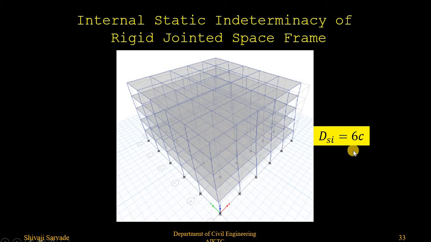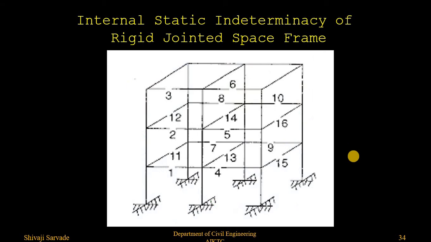So DSI for a rigid jointed 3D structure is 6 times the cuts, or 6 times the number of loops you have. Now this is a typical example. It is a 3D rigid jointed frame which is nothing but your building. Any building frame is a 3D rigid jointed space frame. Now here I have to cut.